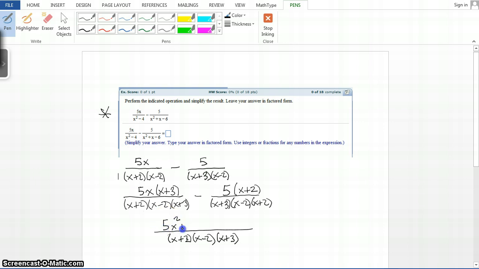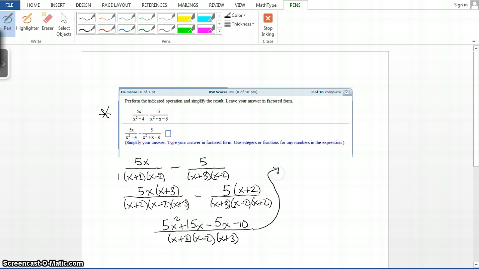So I'll have 5x squared plus 15x. Now, this is the part you need to be careful with since this is a subtraction. We're actually going to distribute negative 5 through this x plus 2. So negative 5 times x is a minus 5x, and a minus 5 times a positive 2 is a negative 10. You really have to watch your signs when this is subtraction.